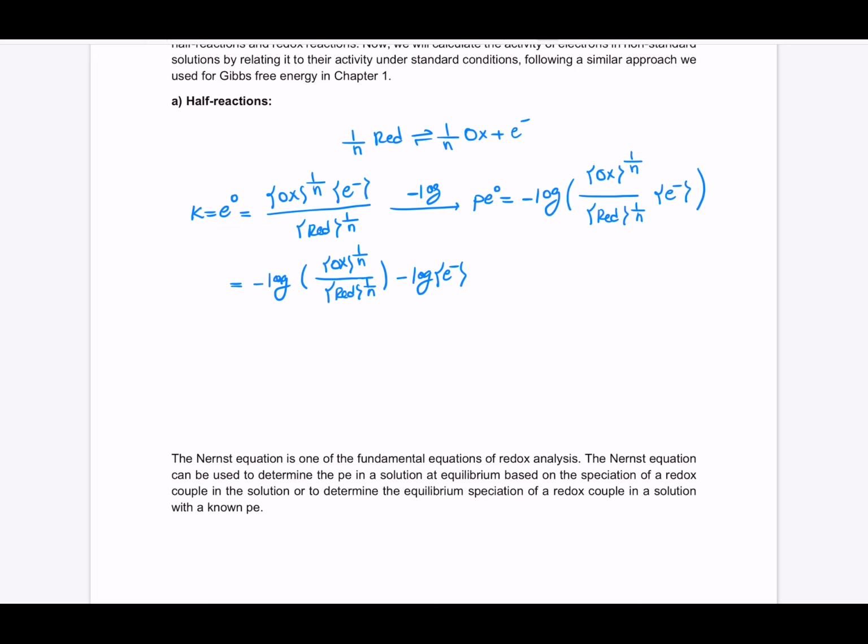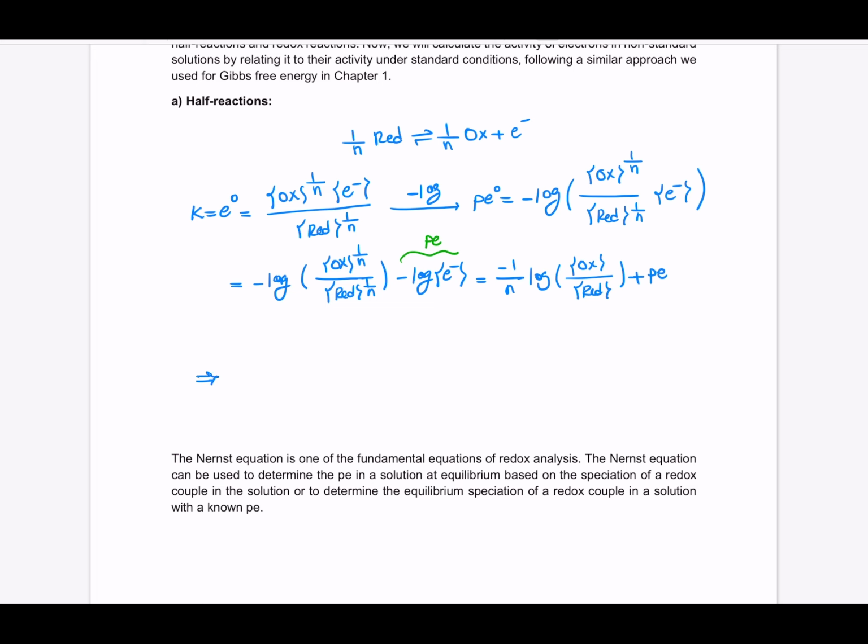We can also play with the log function a little bit. So this would be basically pE. We can bring out that 1 over n from the log, and then this would be ox over reduced plus pE0.